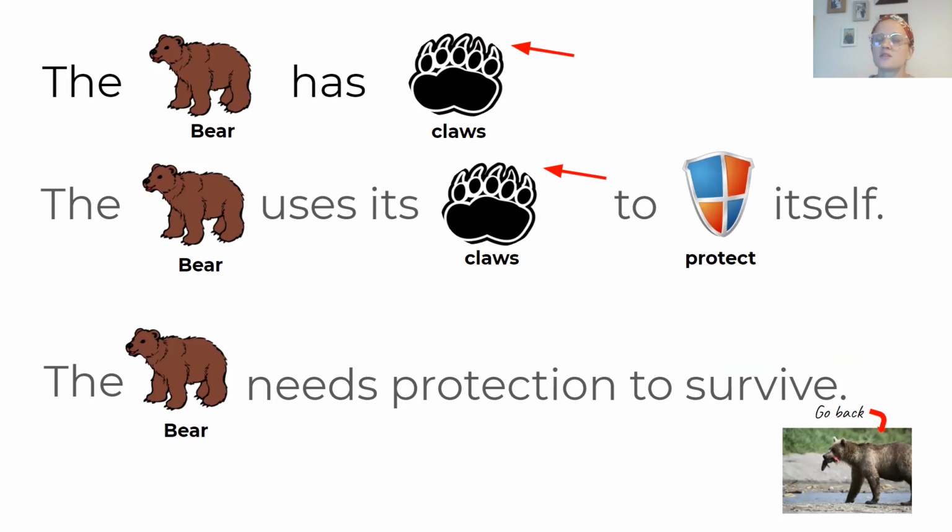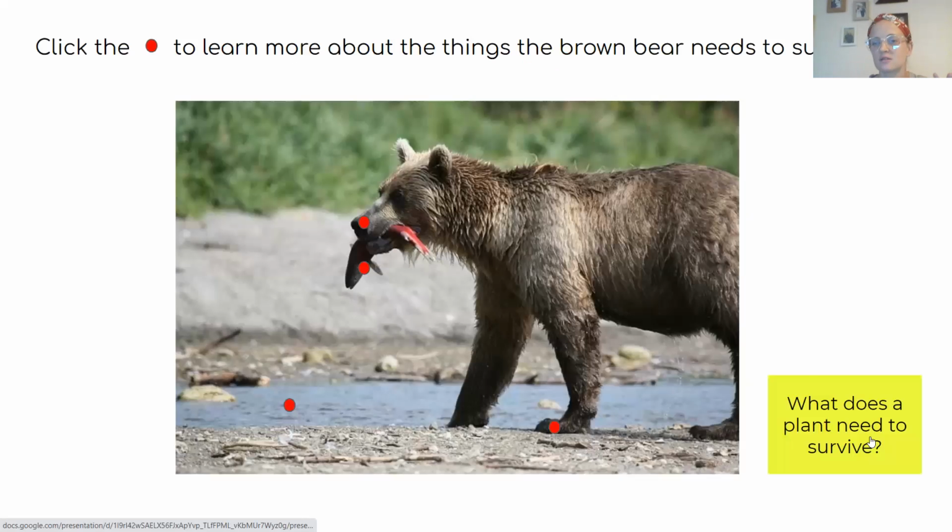So we spoke about the animal or the humans needing something to protect itself, either from other predators or from the harsh weather. And this can include things like shelter. It can include things like the fur on its skin, and it can also include things like claws to protect itself from other predators.